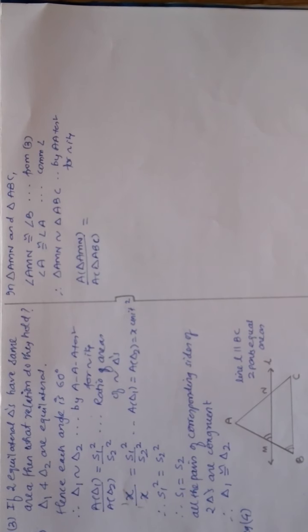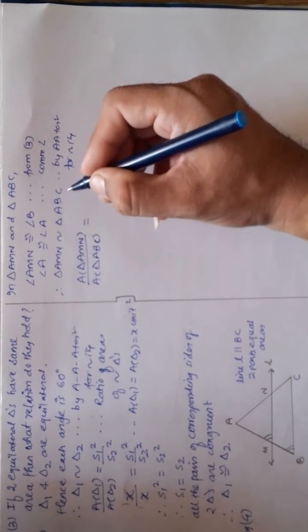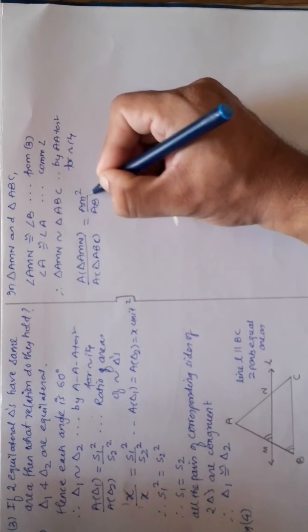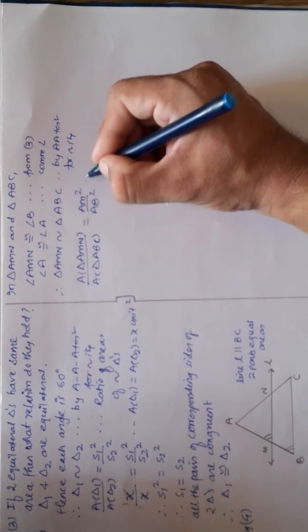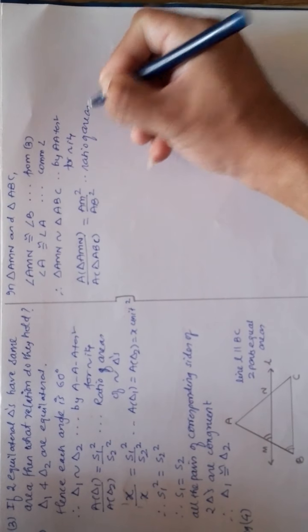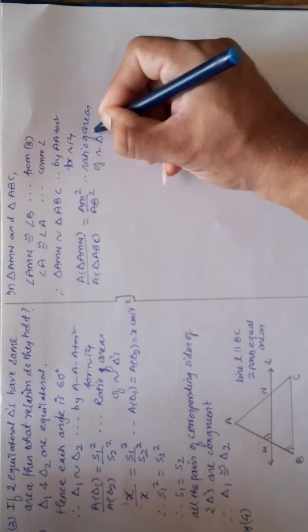I will go to the part which is asked: BM is to AB. AB means this one, first and second, so here also first and second will come. It is AM square is to AB square. Agreed? This is the ratio of areas of similar triangles.